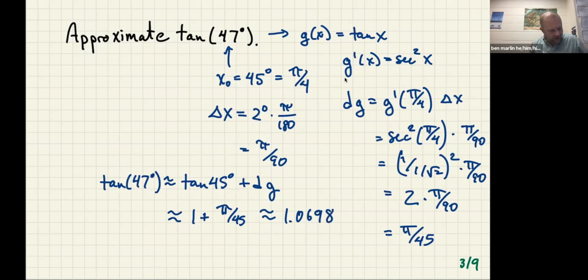And you can carry on with that for more digits if you'd like to. But if I, on the other hand, ask the calculator to give me this tangent of 47 degrees, it gets 1.0724. Okay, so not super accurate there, but it gets us an approximation. So remember that the main thing in this is that dg is coming from multiplying your derivative there, okay?